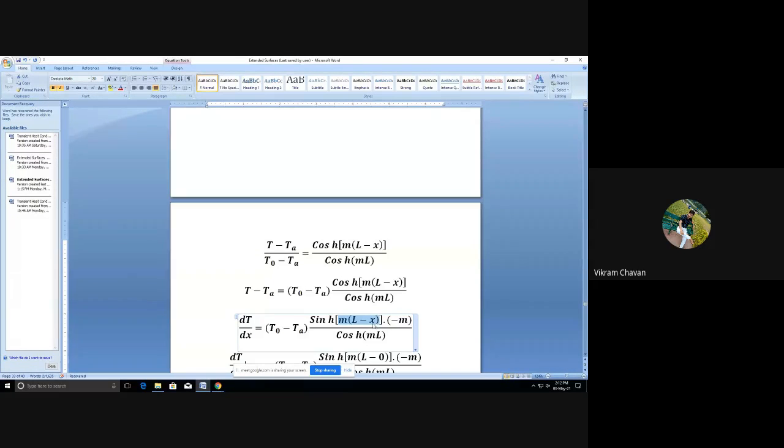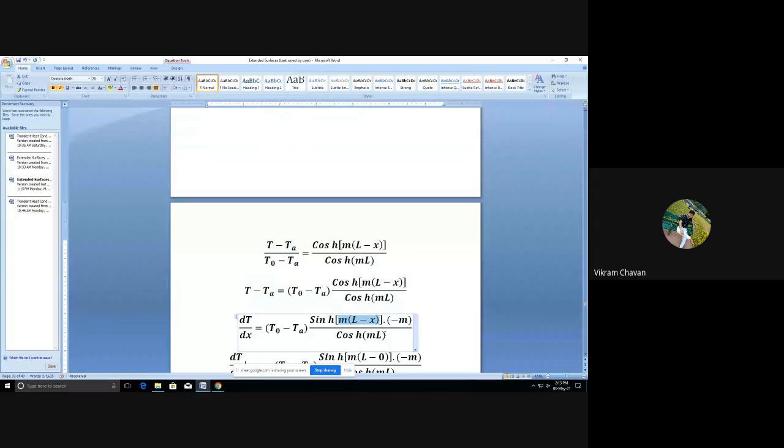Differentiating m multiplied by L, where m and L are both constants, with respect to x gives 0, and differentiating minus m multiplied by x gives minus m.